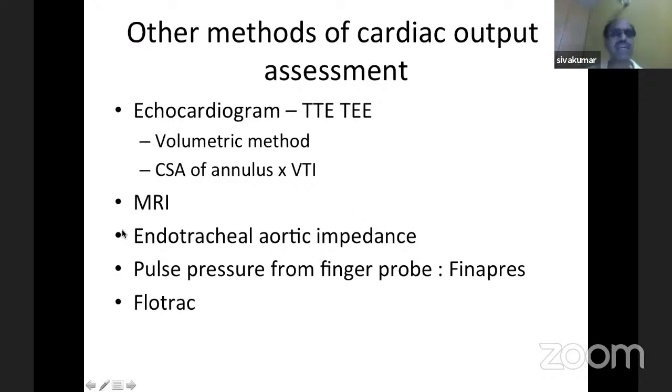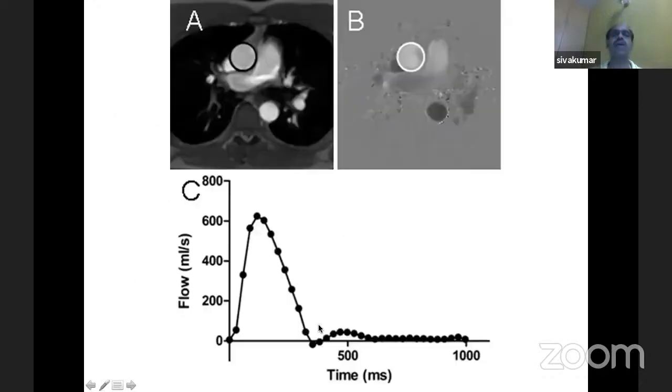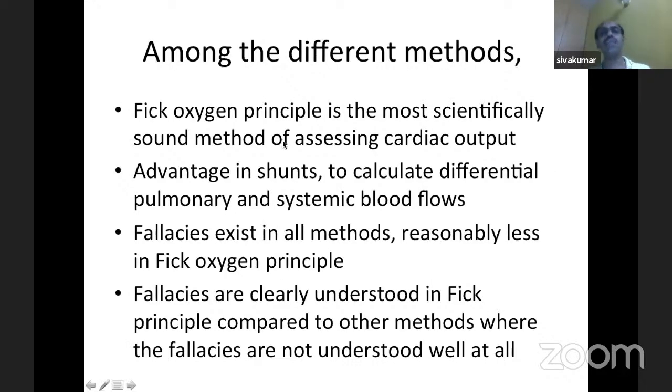Other methods for cardiac output assessment are MRI, endotracheal aortic impedance, pulse pressure from the finger probe, which is called FinaPress, FloTrac, which is from the radial artery catheter, and assessing the pulse pressure of the radial artery pressure curve. These are various methods that are followed. Among all these methods, the Fick oxygen principle is the most scientifically sound method.